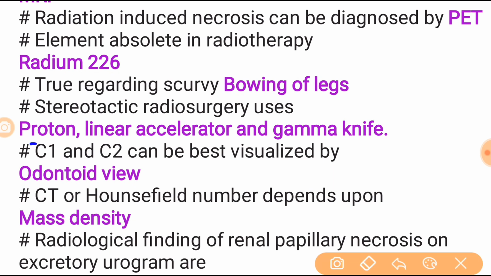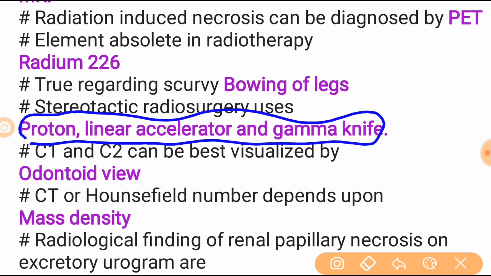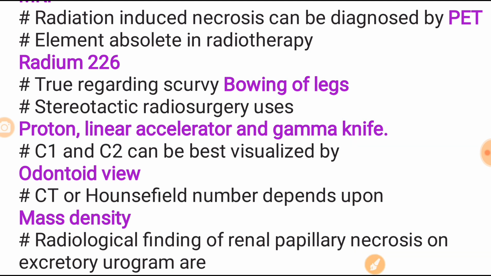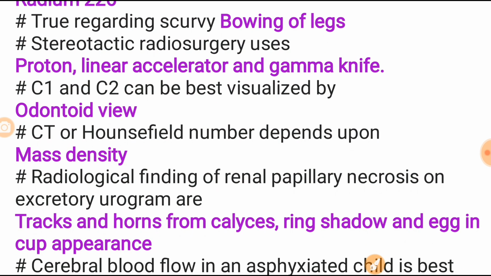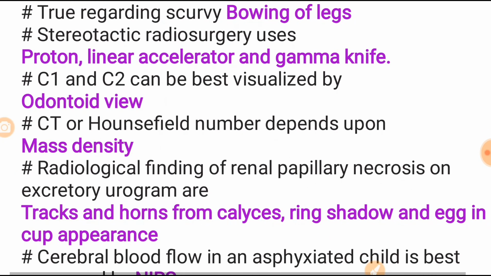Here you have to retain all the options, maybe any one is given or accepted. Next one is C1 and C2 can be best visualized by, that means the upper cervical bones, first and second. C2 has the odontoid process, so you have to remember the odontoid view.